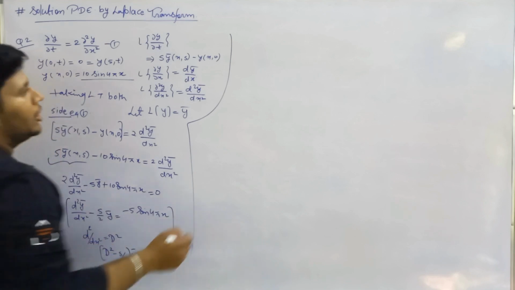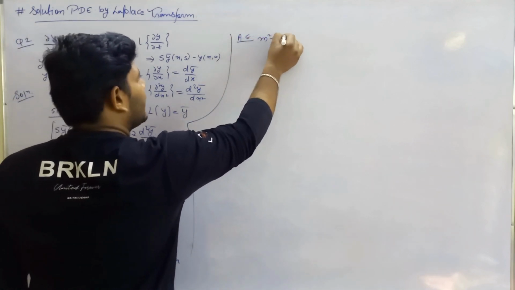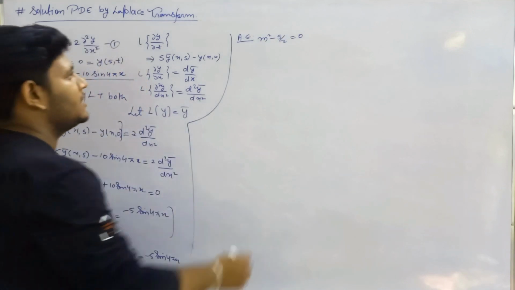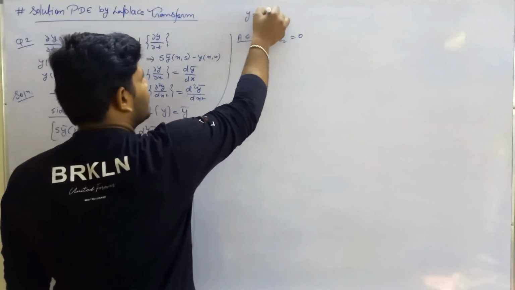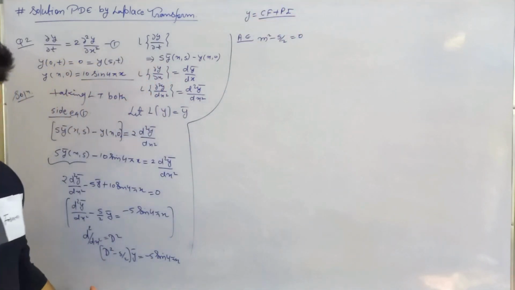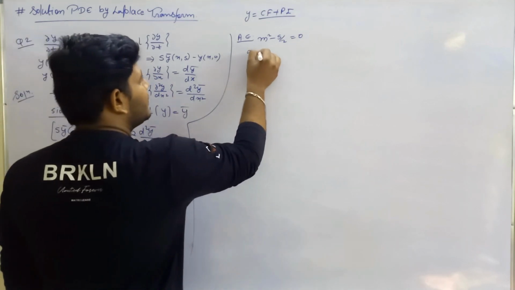Now the auxiliary equation for this is m square minus s by 2 equals 0. The solution of the differential equation is y equals complementary function plus particular integral. We are going to calculate the complementary function by using the auxiliary equation.